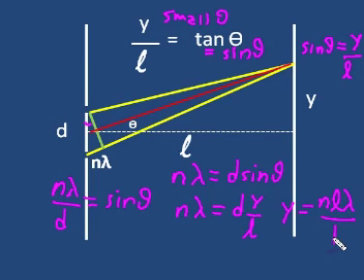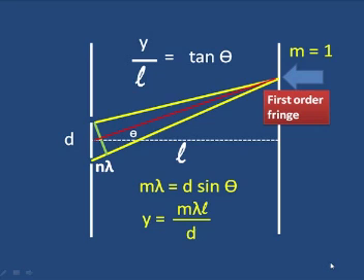That's what y is. Now let's look at this a little bit more carefully, and I'll just identify and clarify what each variable means. Now they usually write the formula with an m instead of an n. And m represents an integer, 1, 2, 3, 4, 5. For example, the first order fringe, where the first bright light is the first order.